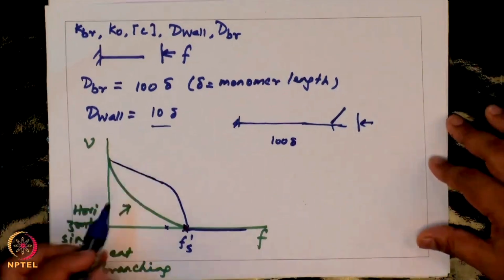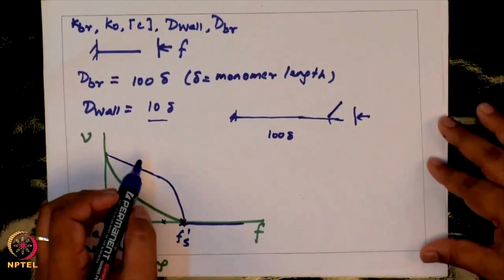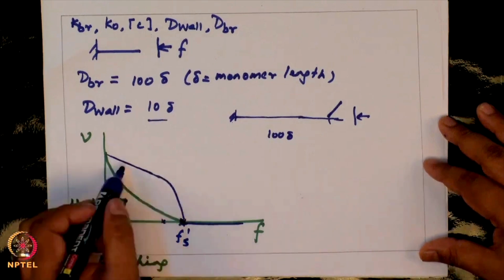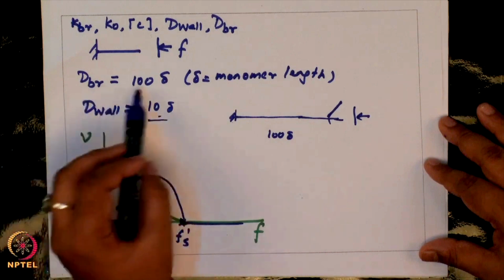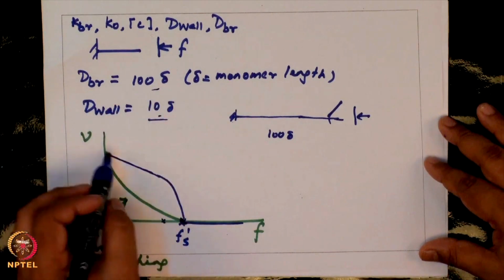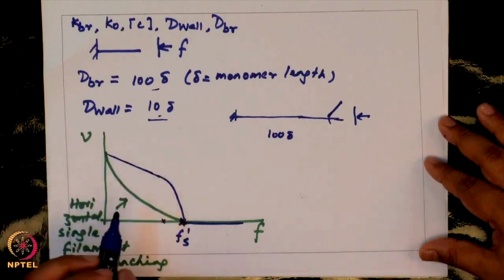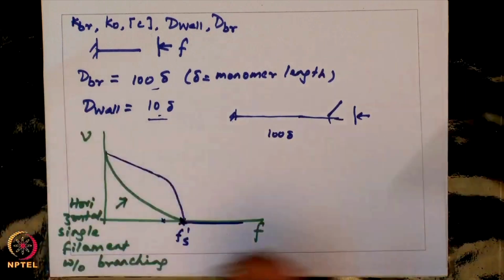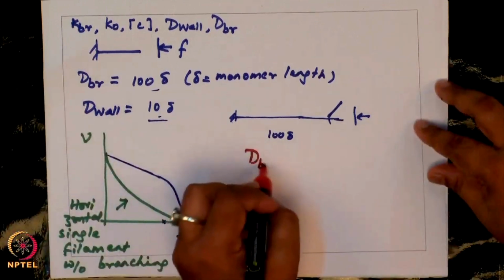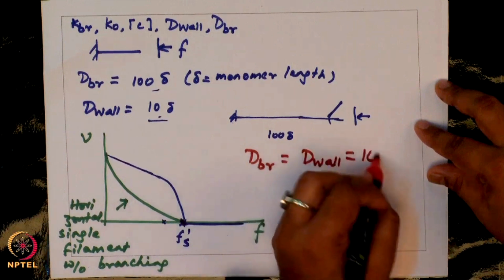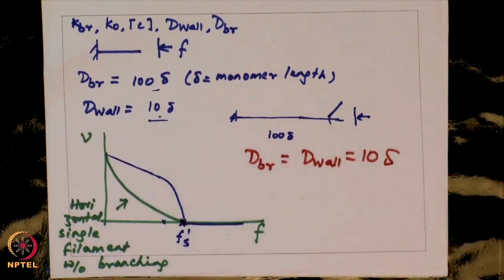So, you have a force curve starting from a single filament. If you have one branching event, for dBr equal to 100 delta and d wall equal to 10 delta, you will get divergence of the force velocity curve from this single filament case. Now, let us assume I have dBr equal to d wall equal to 10 delta. What kind of a force curve may I expect?